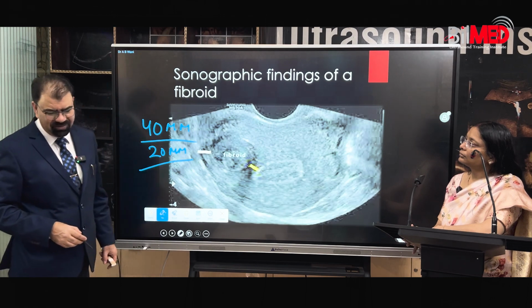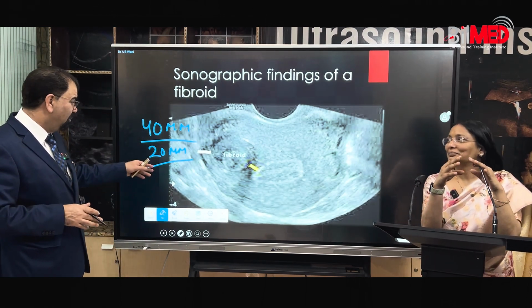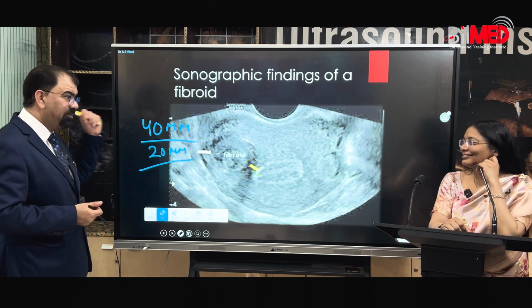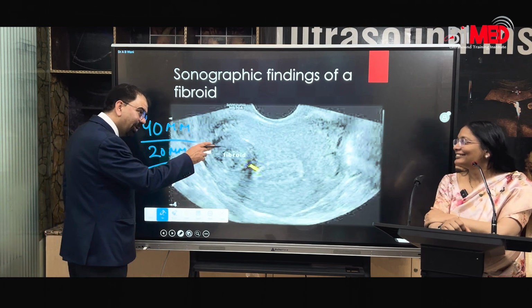Is this a fibroid? No, this is not a fibroid. Now you know. Why are you saying with confidence, no, this cannot be? Because you now know the theory.